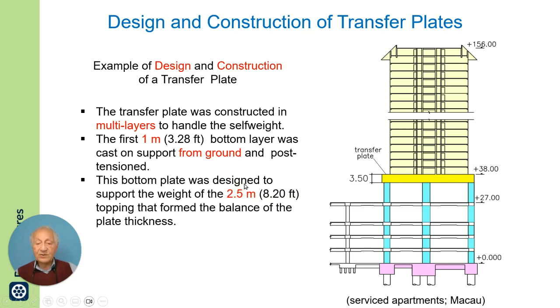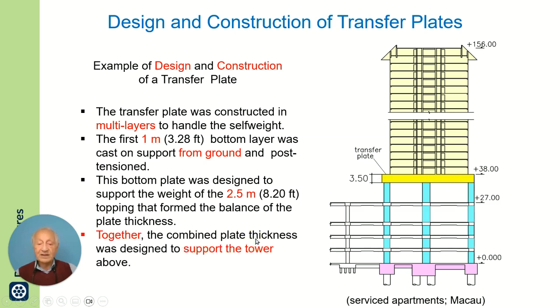The bottom layer was designed to support the weight of 2.5 meters, say 8 feet, of concrete that formed the balance of the plate thickness. So the slab thickness was broken into 2 layers. The bottom layer was cast first on ground support, but reinforced to carry the weight of the upper layer when it was hardened and cured.